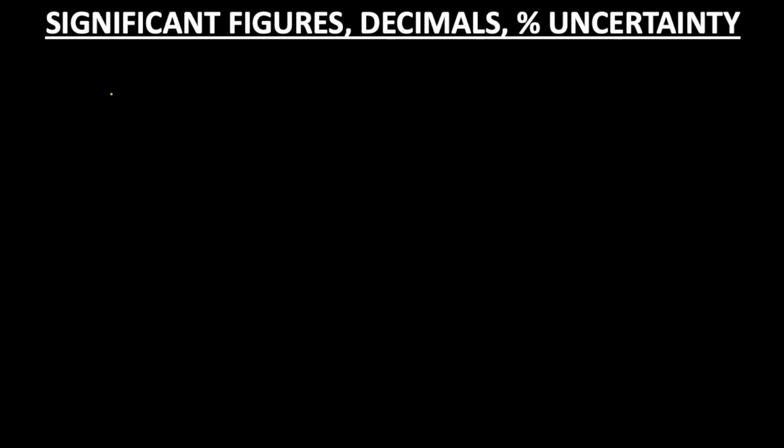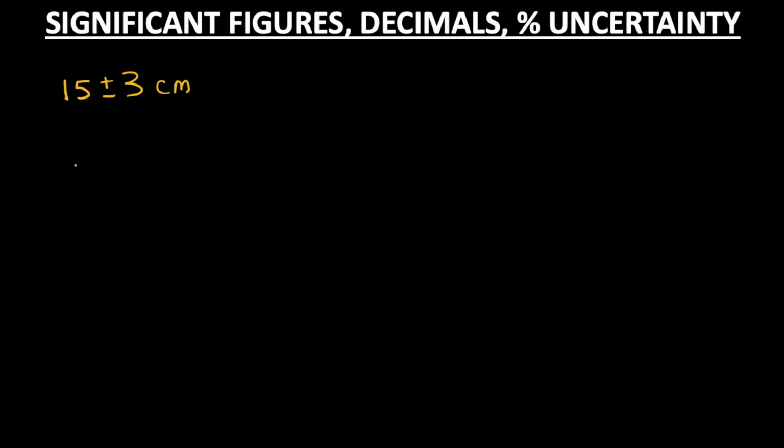Okay, so now that we have significant figures and decimals out of the way, let's talk about percent uncertainty. Now I'm sure you've all seen this before. Let's say we have a value of 15 and we have this plus minus symbol 3. And let's just for example say this is in centimeters.